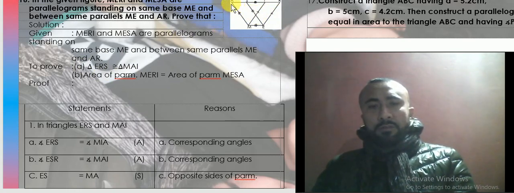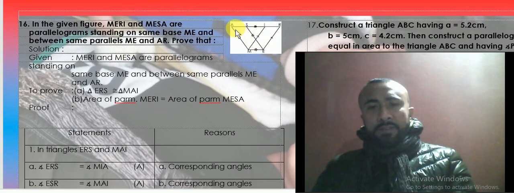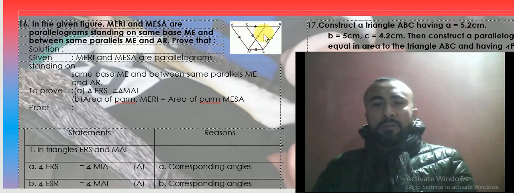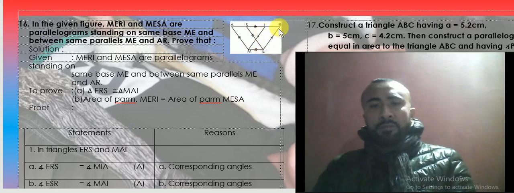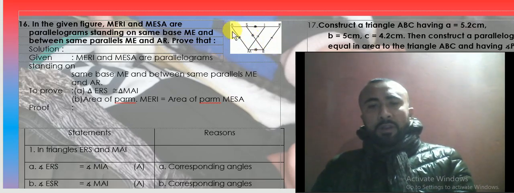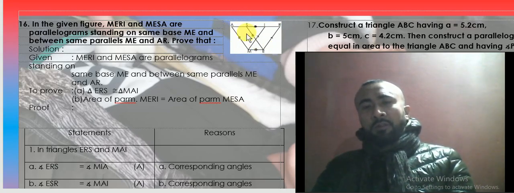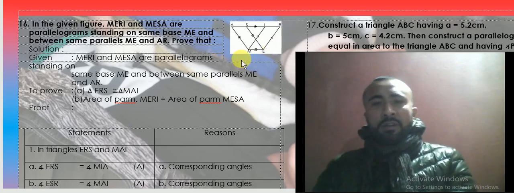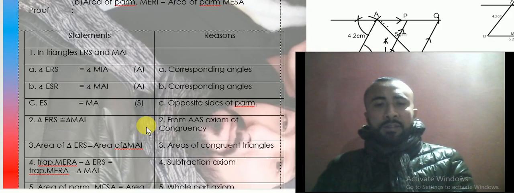Here AM is parallel with AC, so we can say angle MAI is equal to angle ESR. Similarly, these two lines are parallel, so MIA is equal to ERS, and we know the opposite sides of a parallelogram are equal, so you can say MI is equal to ER. So in this way, from the angle side angle axiom, these two triangles are congruent.